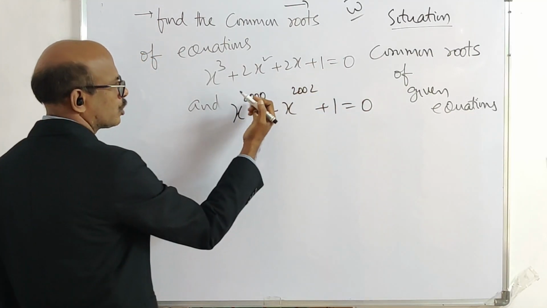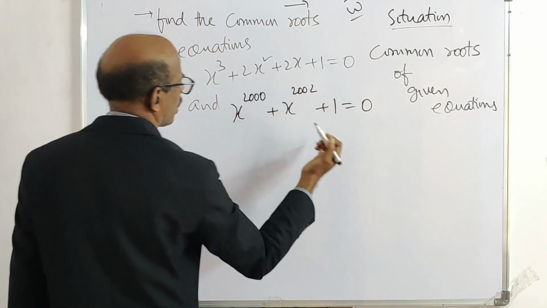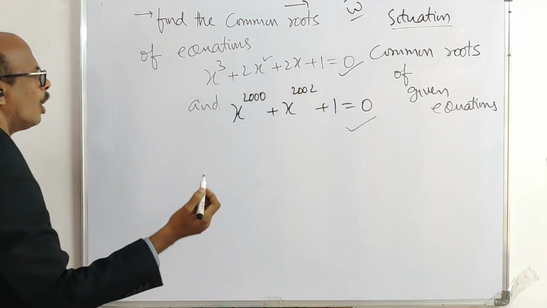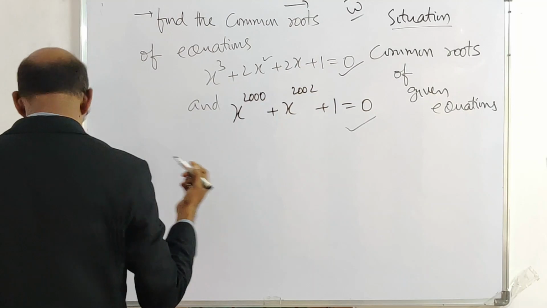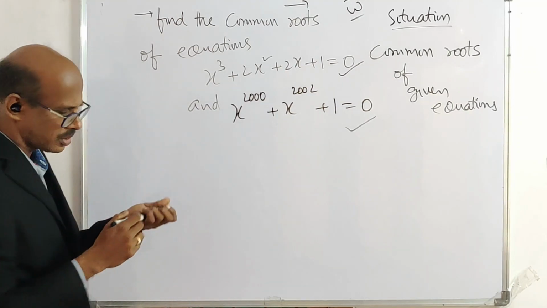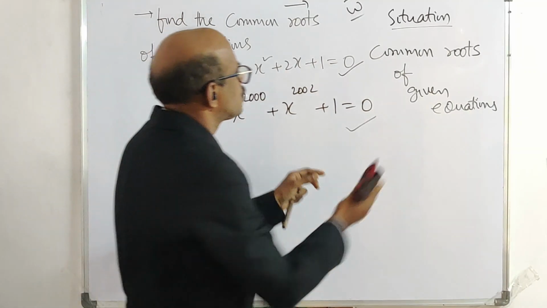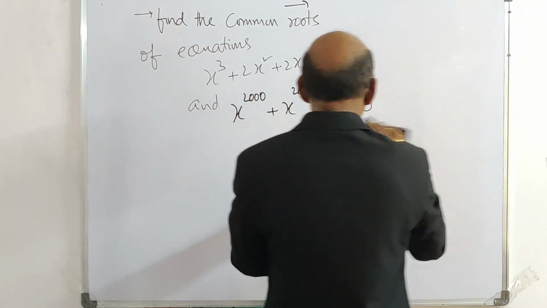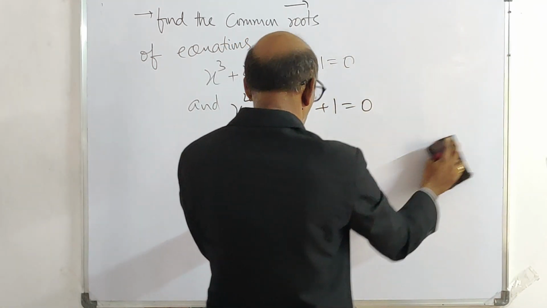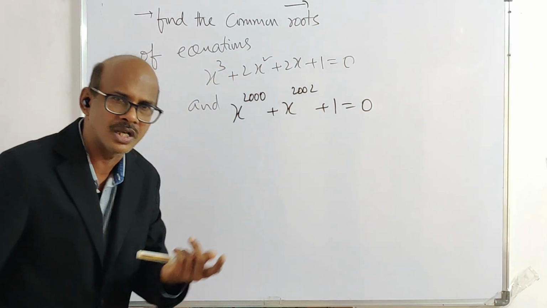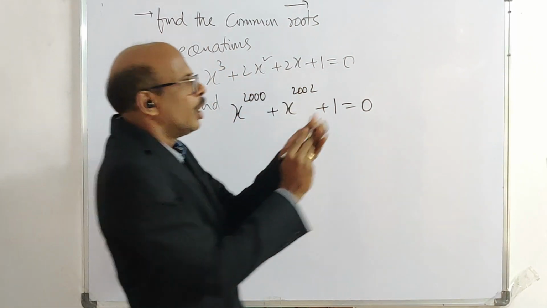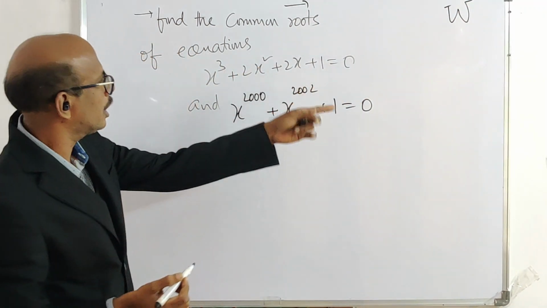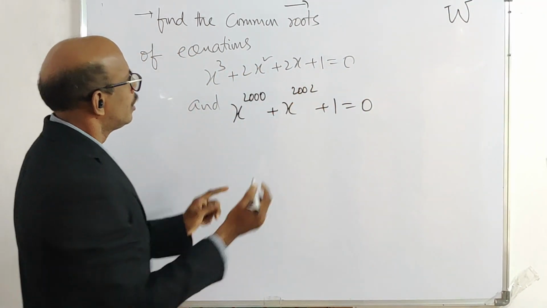It has power 2000 and power 2002. This is one equation and this is another equation, so we want the common roots of these two equations. So the common roots are linked with our topic today, which is simply the role played by omega.